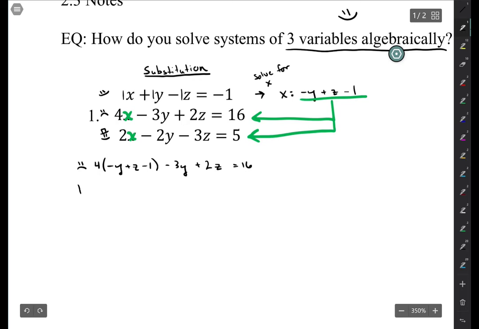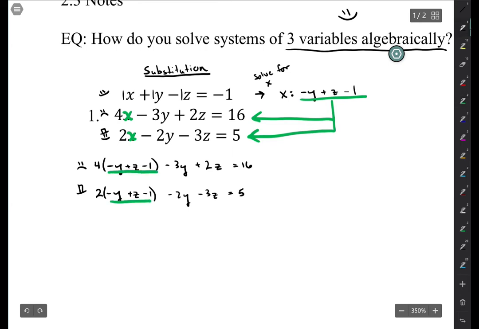The new hat equation, I'm just going to draw a hat, is 2 times, again, the negative y plus z minus 1, minus 2y, minus 3z equals 5. So the only thing I substituted in was the x.